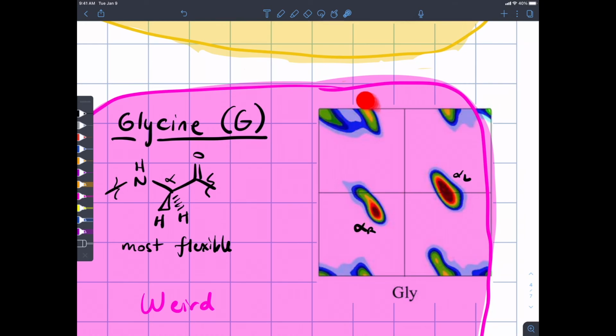So there are limited pockets where you can avoid steric problems, but because glycine doesn't have a side chain, those same pockets exist on the other side of the Ramachandran plot. Basically, if you reflect the Ramachandran plot through the middle, you've got the other handedness or the other stereochemistry. And glycine just happens to be flexible in that without a side chain, it can adopt both of those.